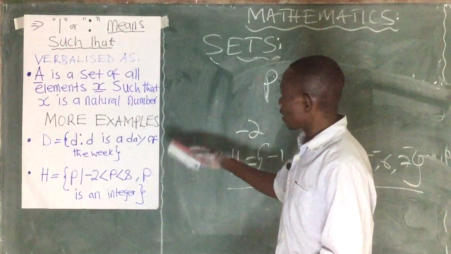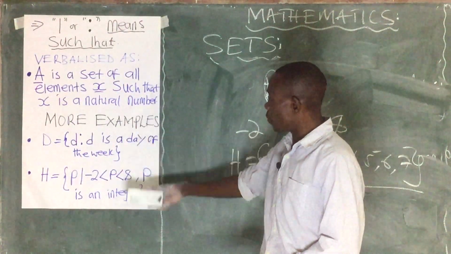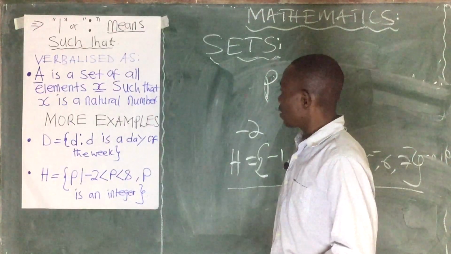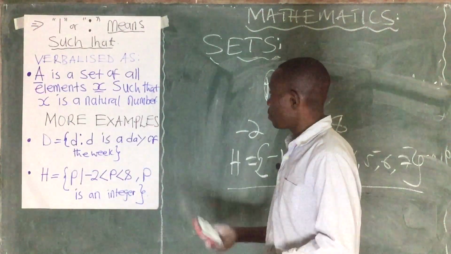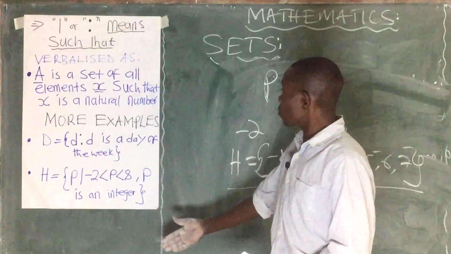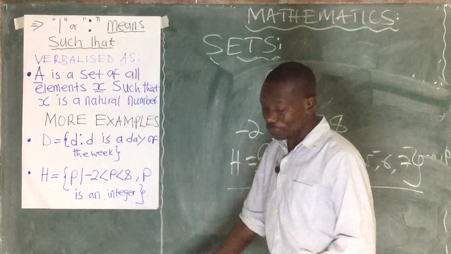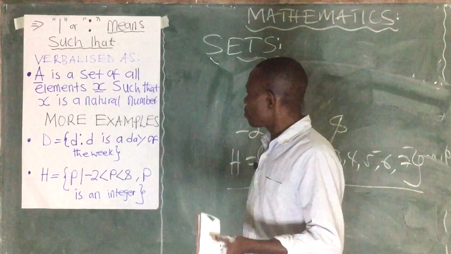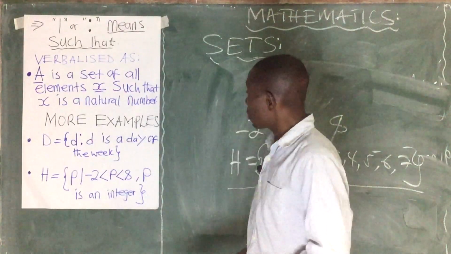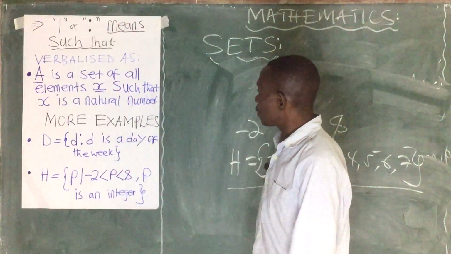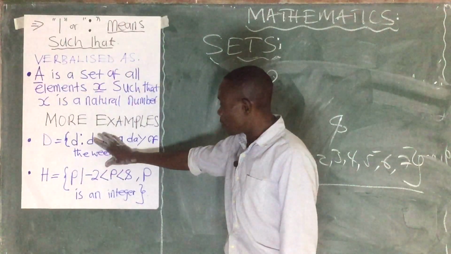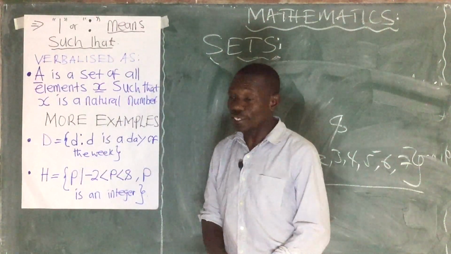This is another way elements of a set can be presented. Every time we talk of a set builder notation, understand the symbols being used and how we define them.